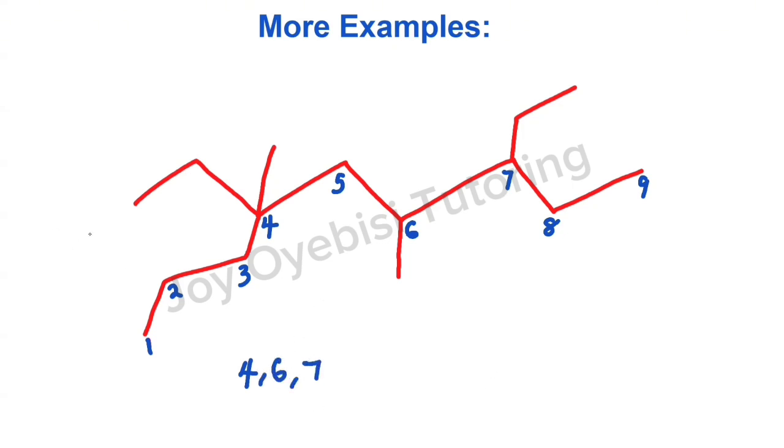Now, if I count from the other side, 1, 2, 3, 4, 5, 6, 7, 8, 9, I would have positions 3, 4, and 6. Okay. Going by this, the side that gives the lowest numbers to the substituents is from my right to left. Therefore, I'm going to go with the green.